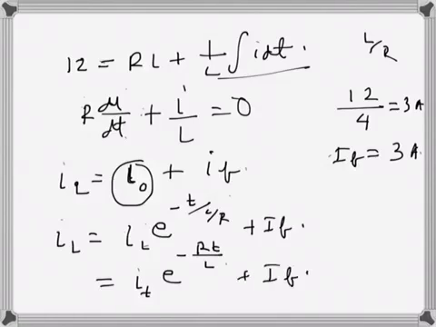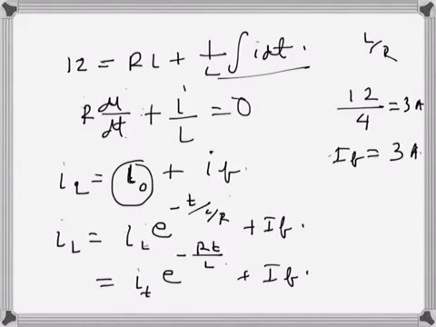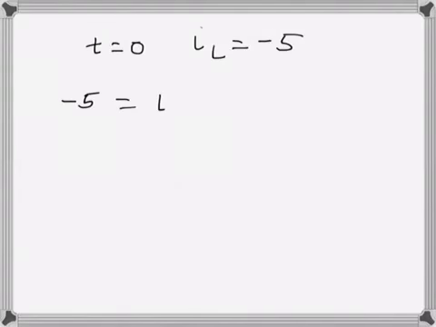Now at t equal to 0, IL is -5. So -5 at t equal to 0, this part becomes 1. So this is IT plus IF, which is -5. And we have another boundary condition, which is t equal to infinity, and that IL becomes 3.